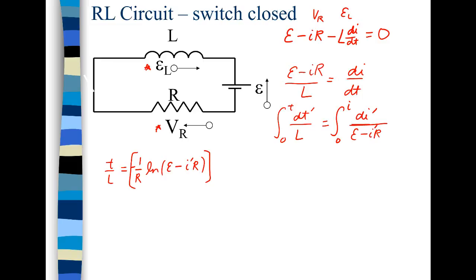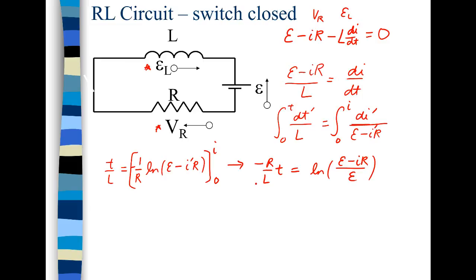So we have to multiply by -1 over R. And we will evaluate this going from 0 to I. So we're going to bring the -1 over R to the other side, and we're going to get negative R over L times t is equal to the natural log of E minus IR all over E. And that's plugging in I and 0 for I prime.